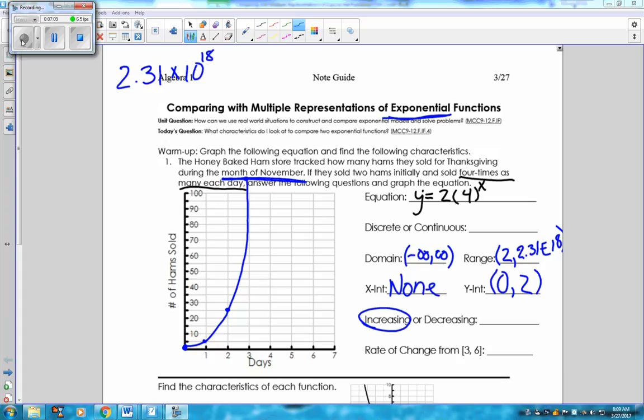Okay, so the next thing we're going to look at is called discrete and continuous. Discrete means that you have a certain amount of points that your graph touches. But continuous means that the graph goes on and on and on. So it's discrete. Does everyone agree with that?